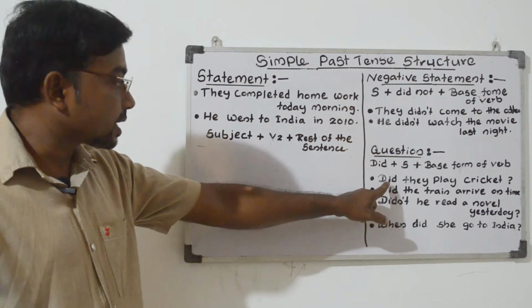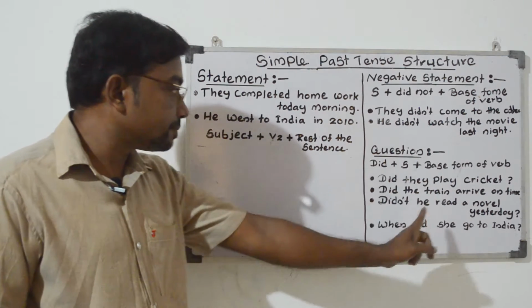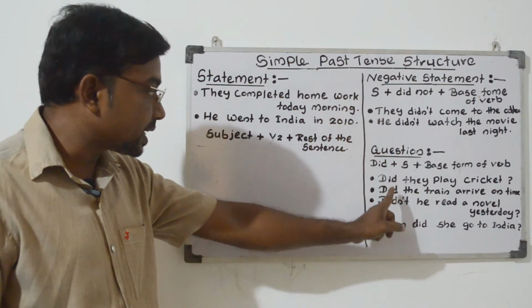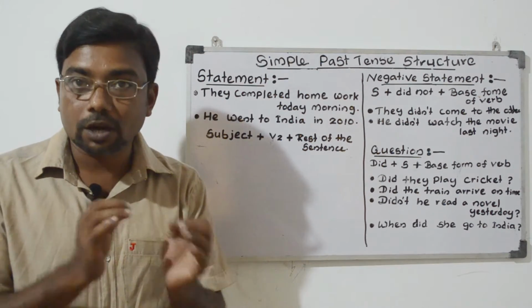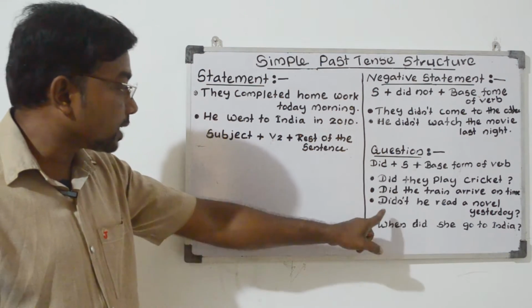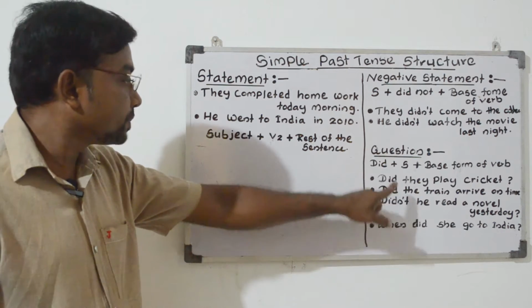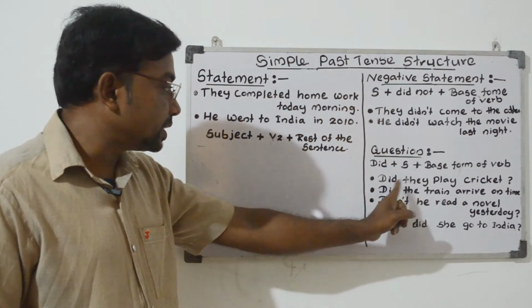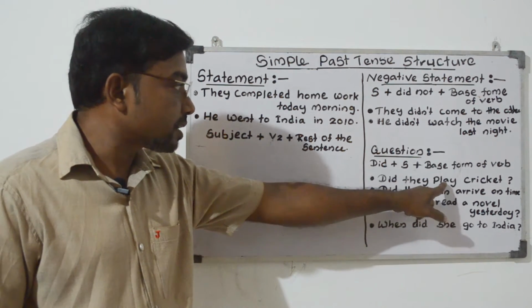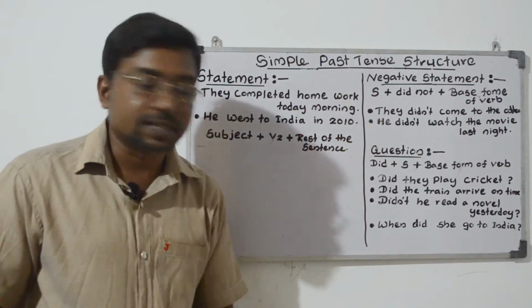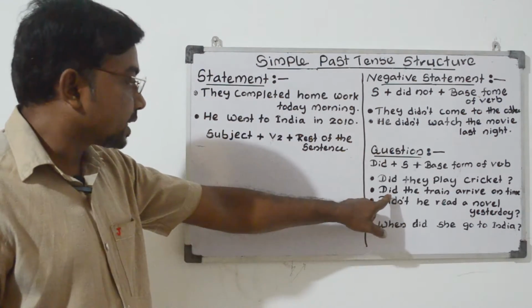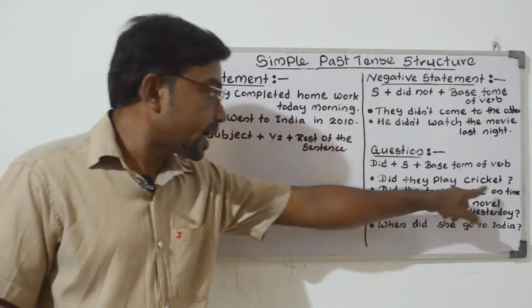Okay, look at the example. Did they play cricket? We use did at the beginning of the sentence because we are going to ask some question. Always we use did or didn't. When you are going to ask negative questions, we use didn't. Did they play cricket? Did, then subject, then base form of verb play, then the rest of the sentence. Second example. Did the train arrive on time?